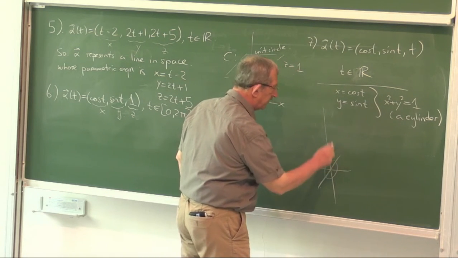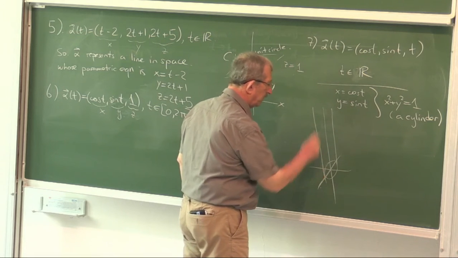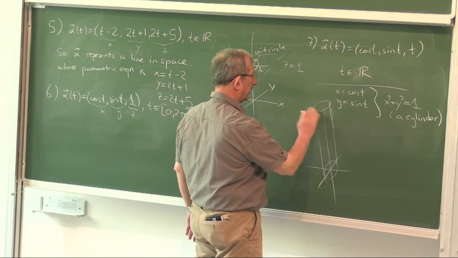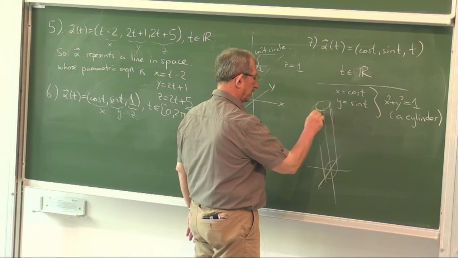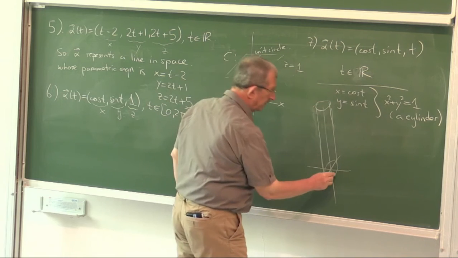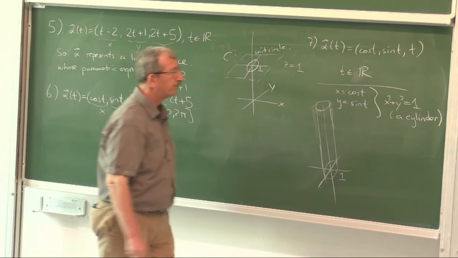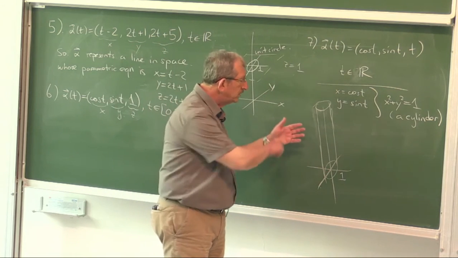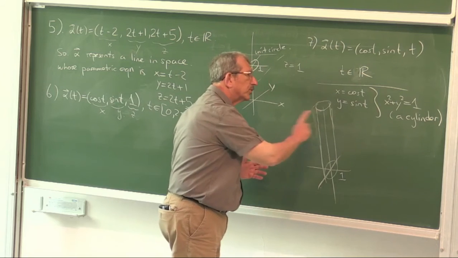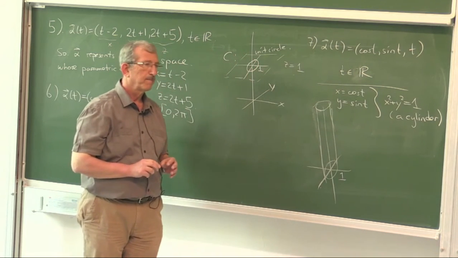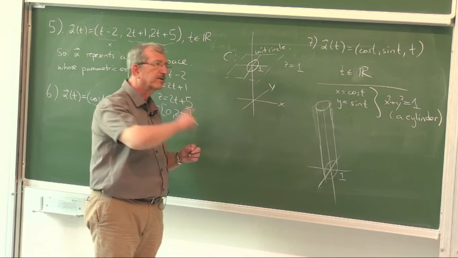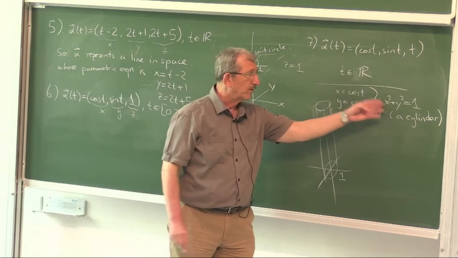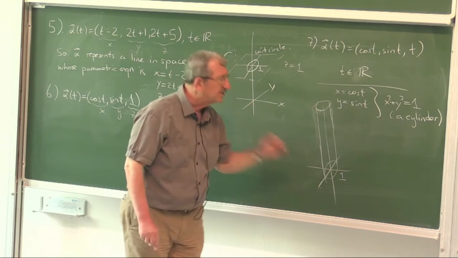We have a cylinder. Sides should be parallel, of course. And the radius is 1. So the curve is wound around the circle. It has a winding effect going around the cylinder all the time. Because x squared plus y squared is 1, it's on the cylinder.